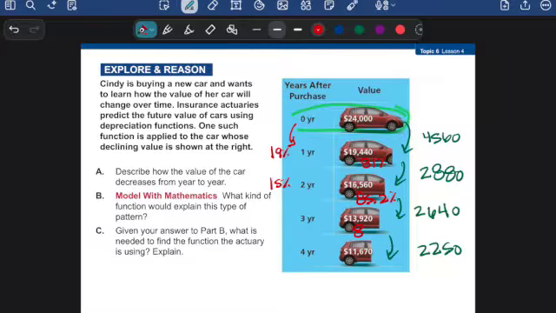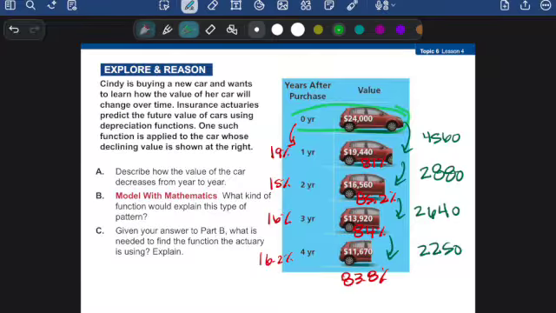This is 84% of the previous value, so it's lost 16%. And do the last one, 11,670 divided by 13,920. This is 83.8% of the previous value, so it's lost a little over 16%, 16.2%.